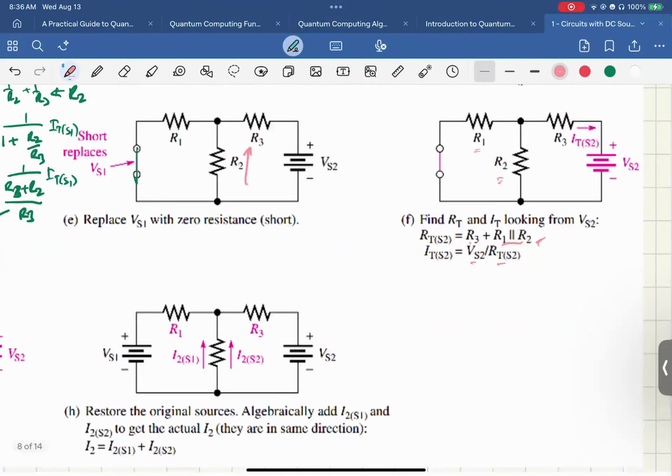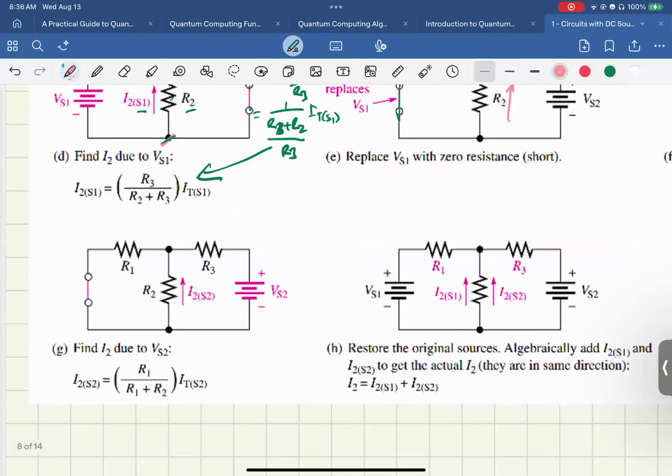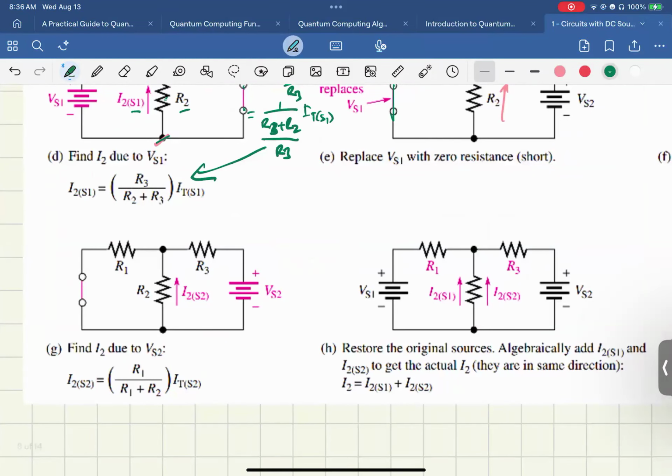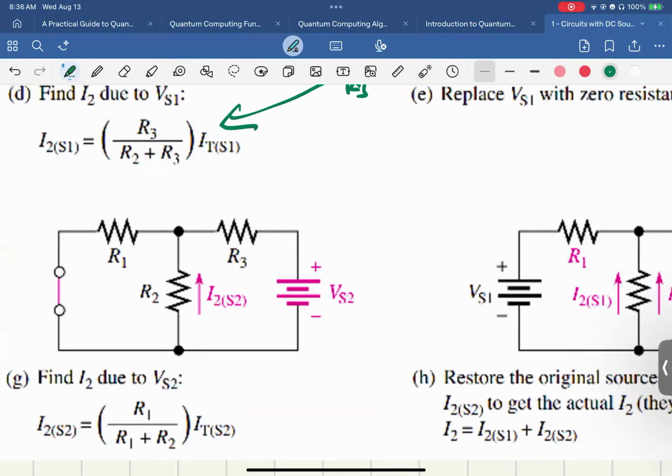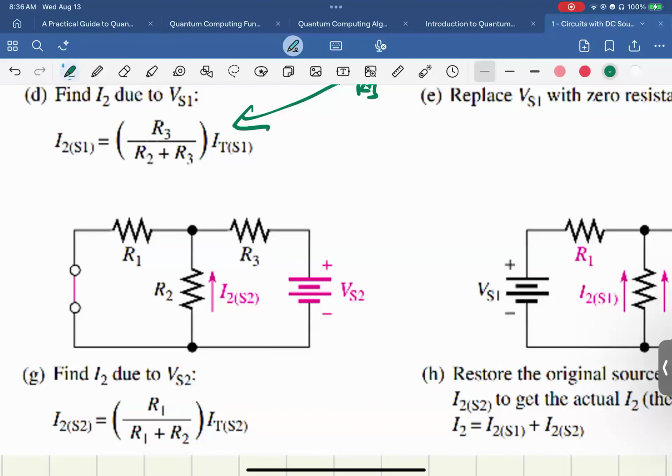Okay, and then we use the voltage divider equation again. Okay, so ang voltage divider equation in this case ay V, so we're taking the voltage across R1 parallel R2.